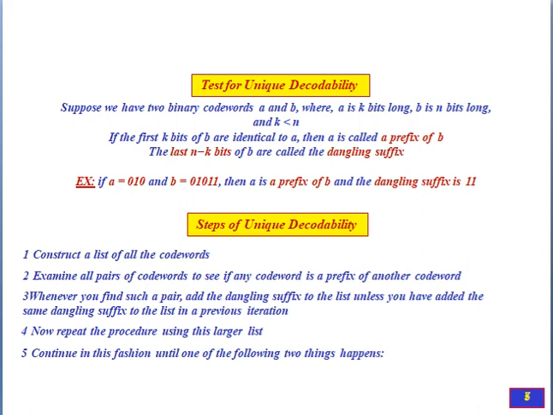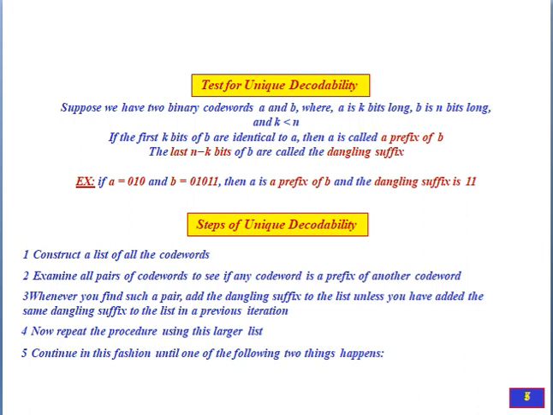You come up with a dangling suffix which is a code word in the list, or there are no more unique dangling suffixes. Now, if you get the first outcome, then the code is not uniquely decodable, otherwise the code is uniquely decodable.